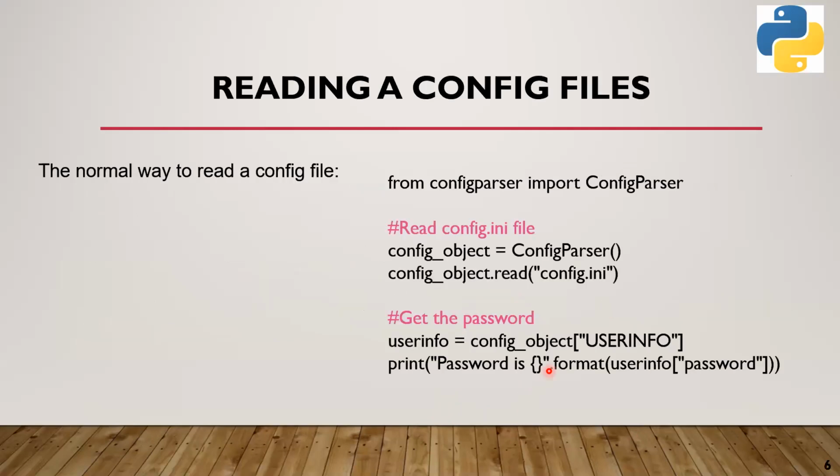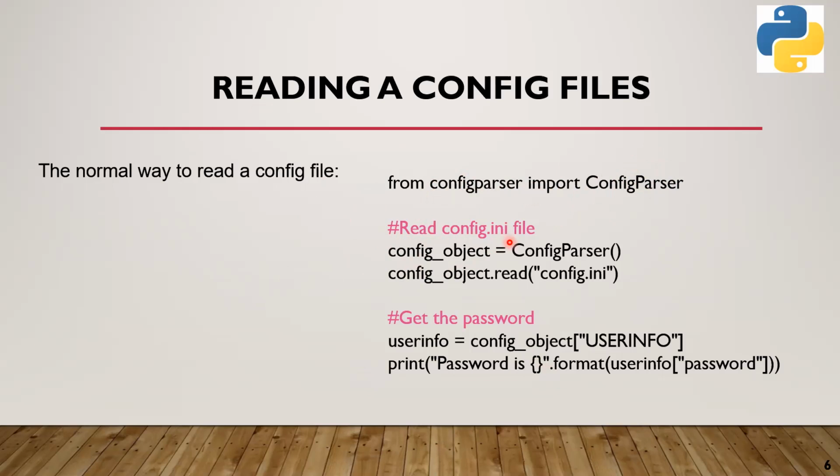Let's see how to read a configuration file. The normal way to read the configuration file is, first of all, to import the ConfigParser. So from configparser, you are importing ConfigParser. Please remember that the C and P are capital over here. We'll import that module, and from that, you can read the config ini file.